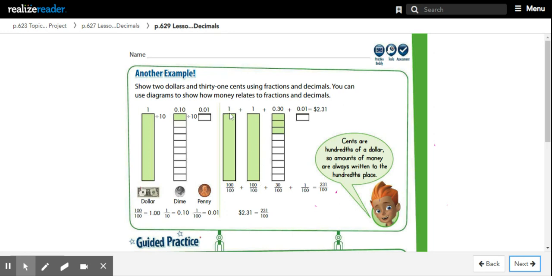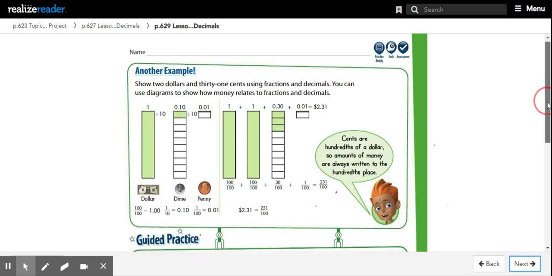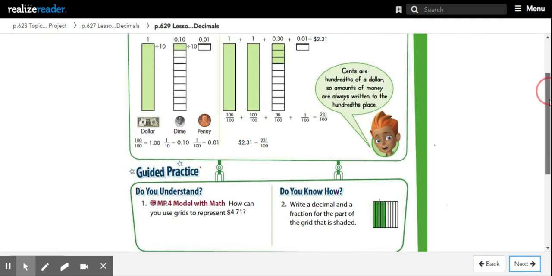That's the same as 2. 0.30, which would be the same as 3 dimes, and then 1 cent. So they show 100 100ths plus 100 100ths plus 30 100ths plus 1 100th equals 231 100ths, which is the same as $2.31. It's just another example for you.